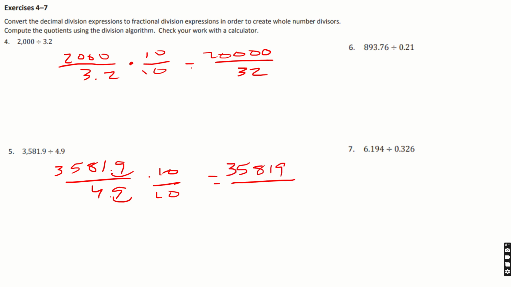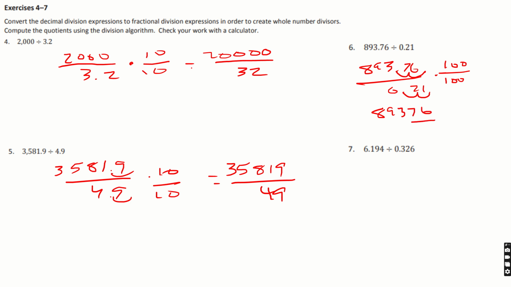35819 over 49. 893.76 over 0.21. In each case, we see we have to move it two spaces. So it should be 100. There's my two zeros. And it's going to be 89376 over 21.